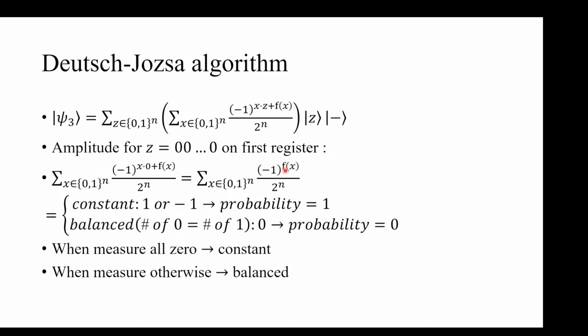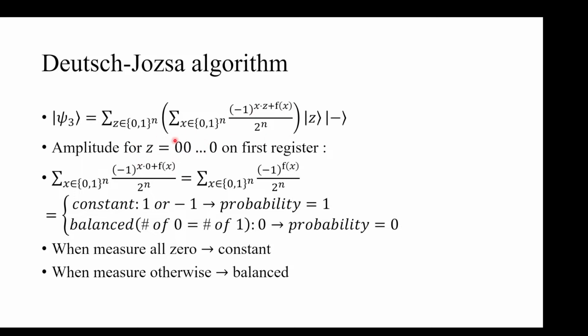If f(x) equals 1, you're summing over a lot of -1s here. Either way, the amplitude squared is going to be 1, so the probability of measuring the all zero string is actually 1.